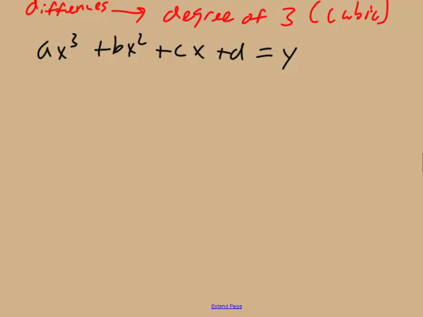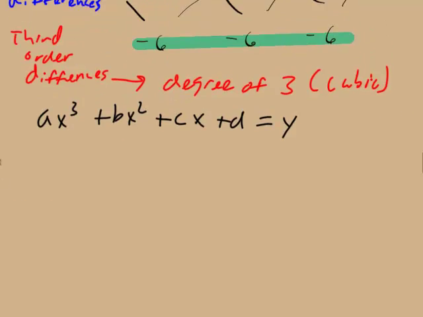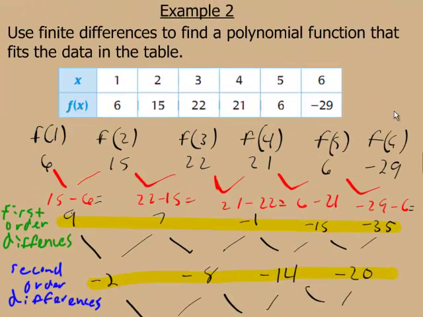Now what we're going to do is grab some of these values here. I'm just going to grab the first 4 x's and the first 4 f of x's, or in this case I'll use them as y's, and plug them in and then solve for a, b, c, and d, which are the coefficients of our equation in standard form.